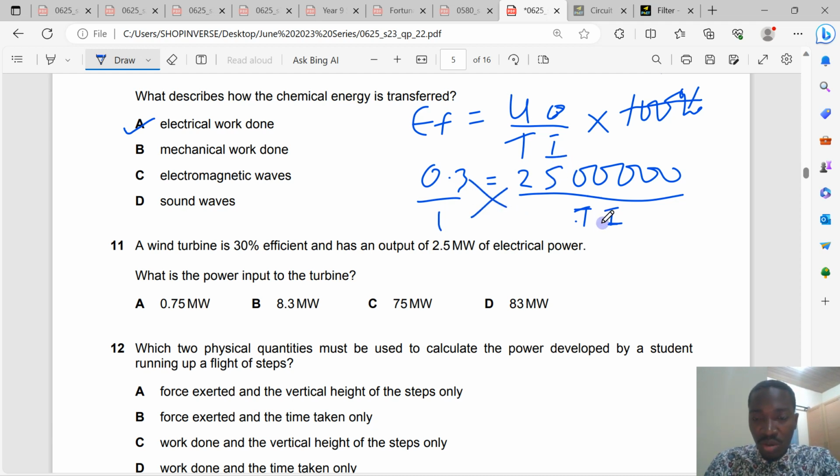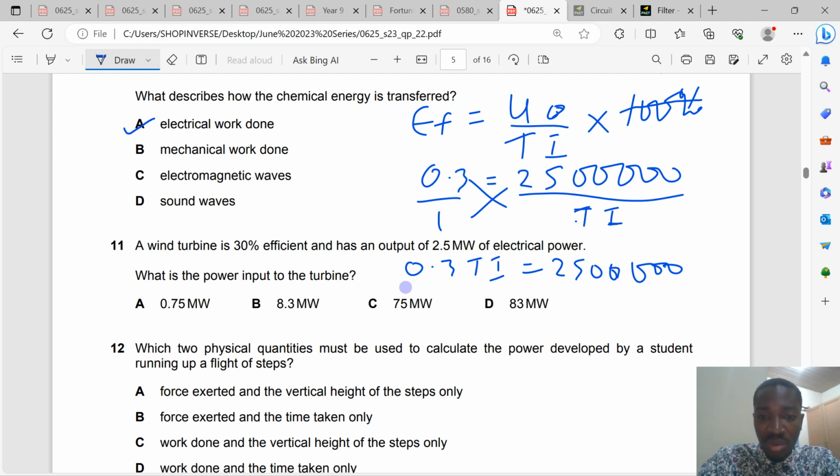So 0.3 times the total input energy should give us 2,500,000. To get the total input energy, just divide both sides by 0.3.